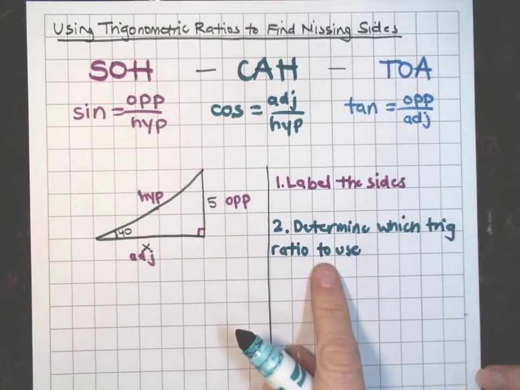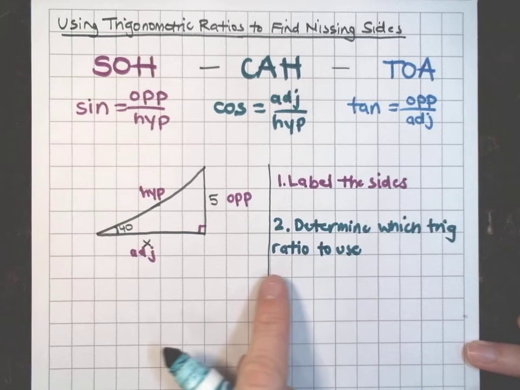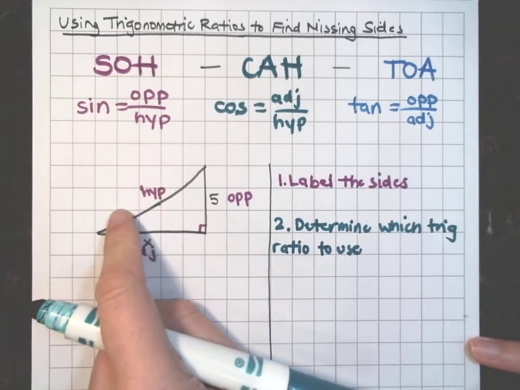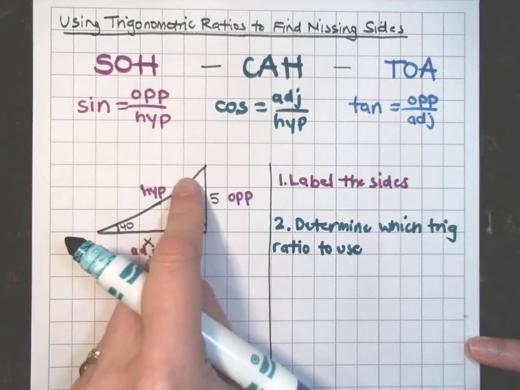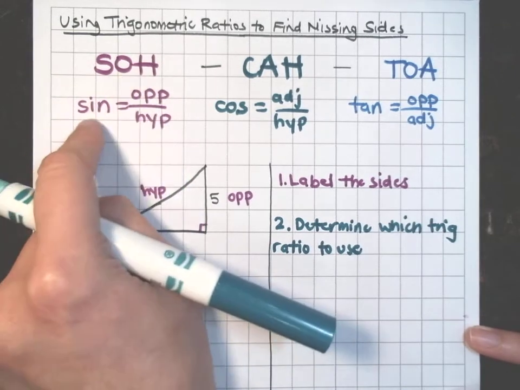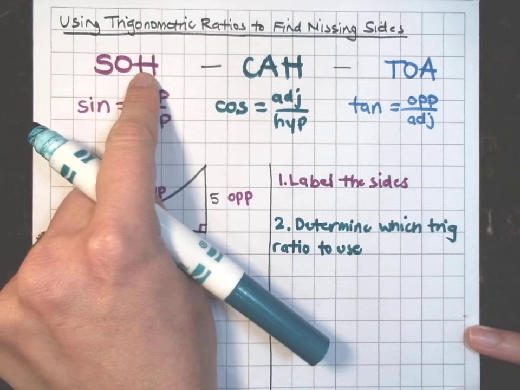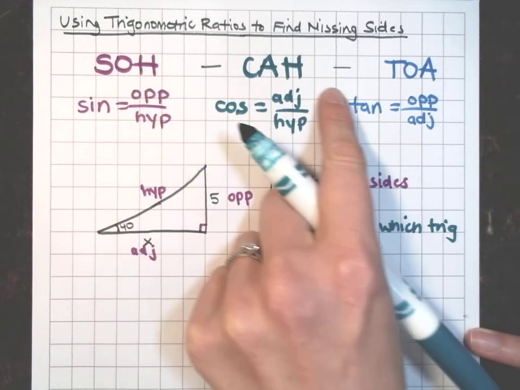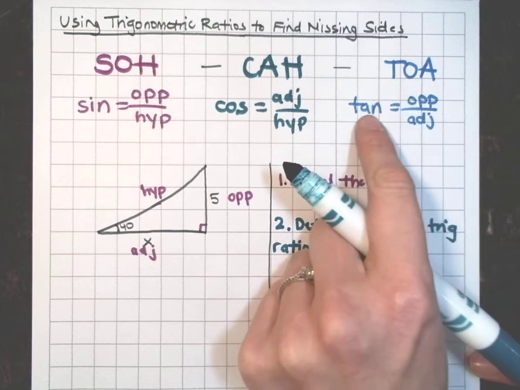So how do you determine which trig ratio to use? Well, it depends on the information that you have. We have no information for the hypotenuse, and they don't want us to find the hypotenuse. So that means it's not going to be sine, because sine uses hypotenuse, and it's not going to be cosine, because cosine uses the hypotenuse. So now we know we're going to be using tangent.